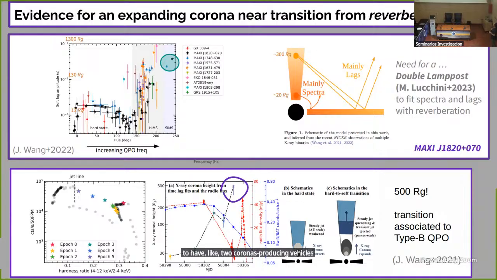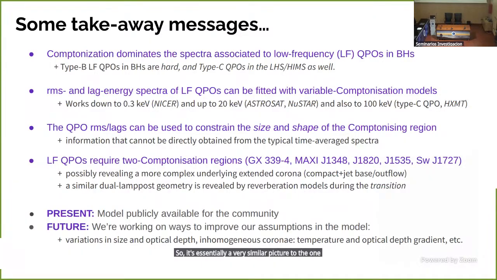One, a small corona of about 20 Rg, which was basically the one leading to the spectrum that we observed. But then there was also need for a very high component producing longer echoes, which is the one that produced mainly the lags. So it's essentially a very similar picture to the one we have with variable Comptonization with QPOs, which is a different technique.